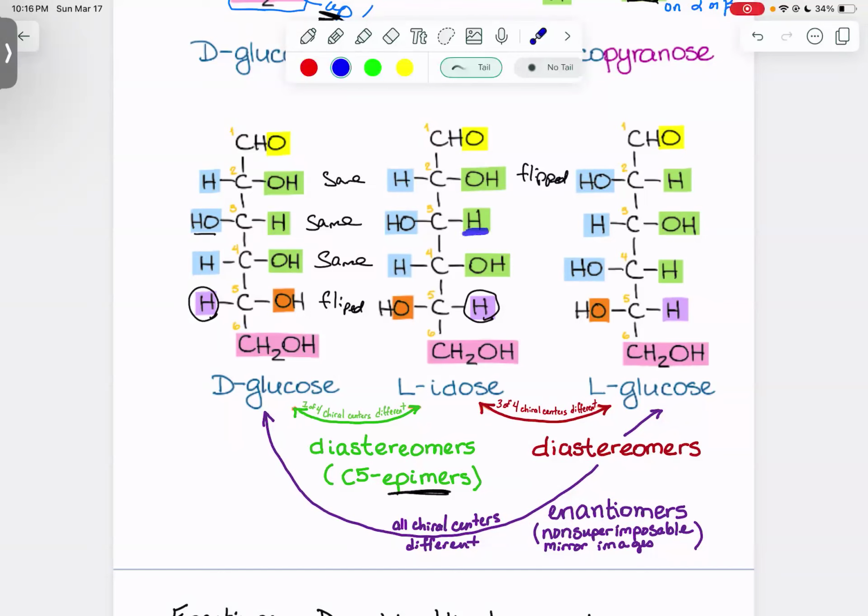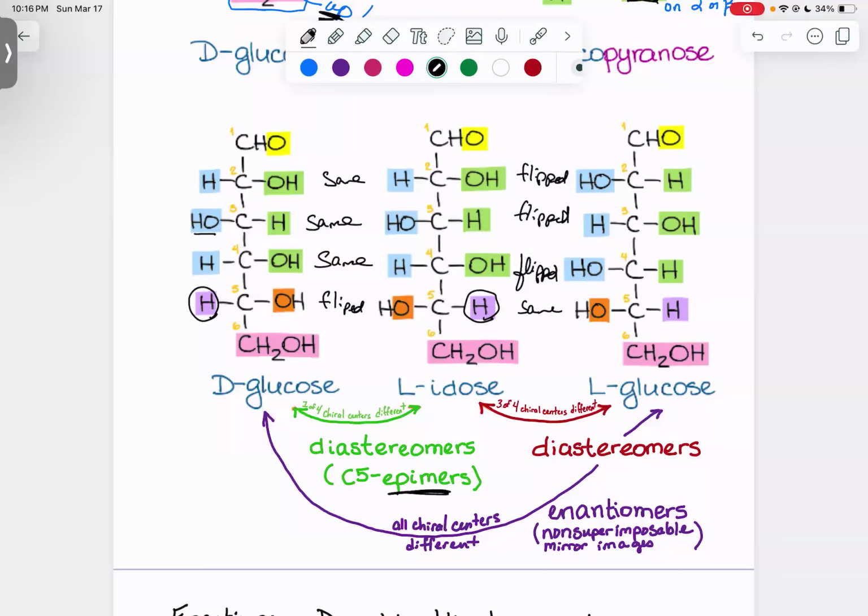I got hydrogen on the left, I got hydrogen on the right. So this one's flipped. Same thing, this one's flipped. And when I get to my last one, oh, it's the same, right? So 3 of my 4 chiral centers are flipped. This one's the same. So those, again, are diastereomers.